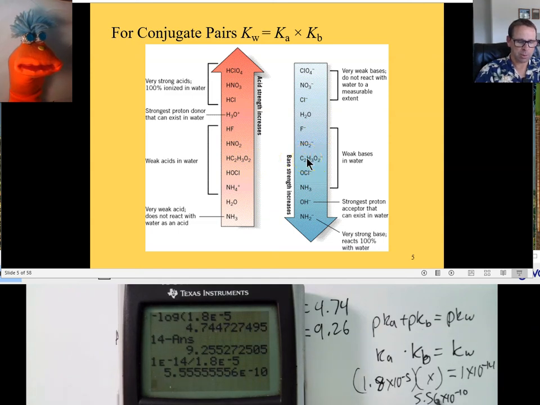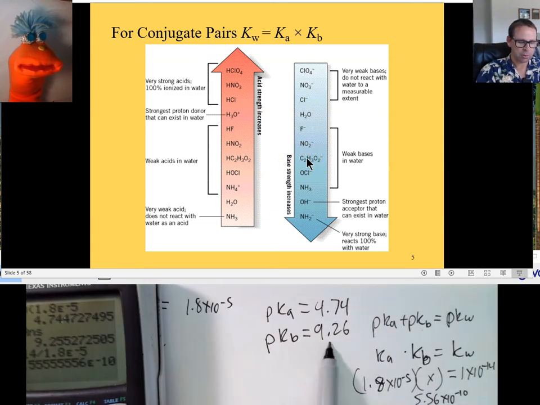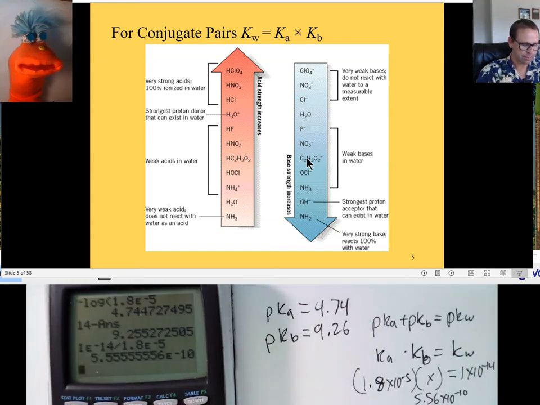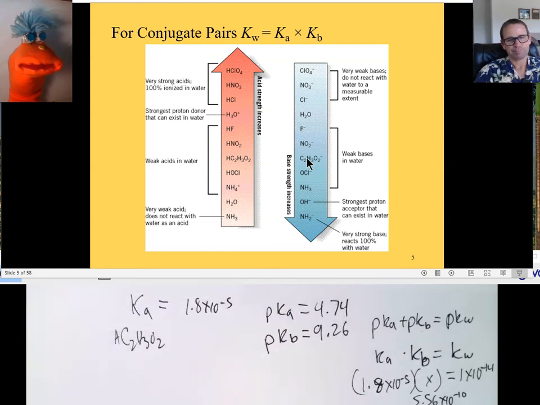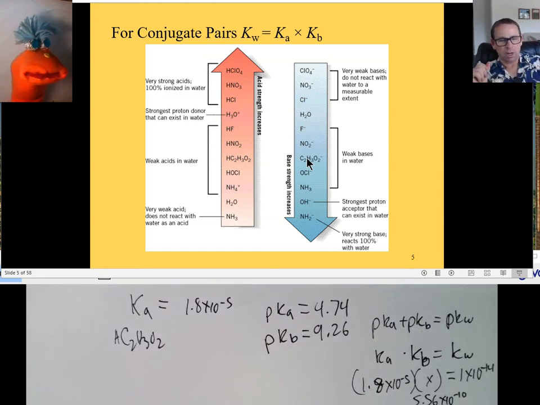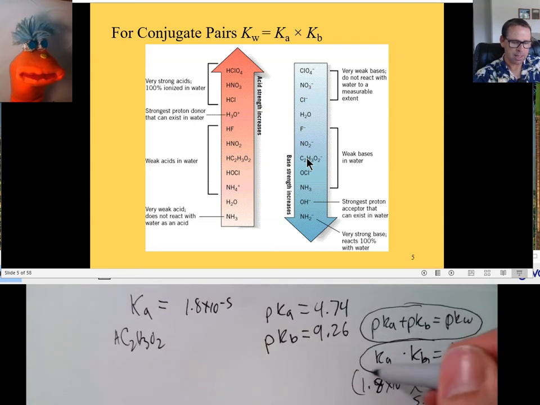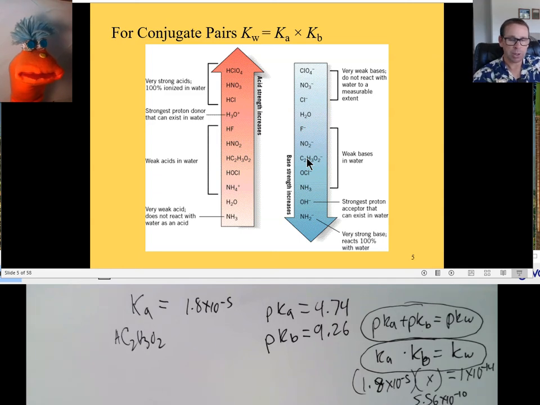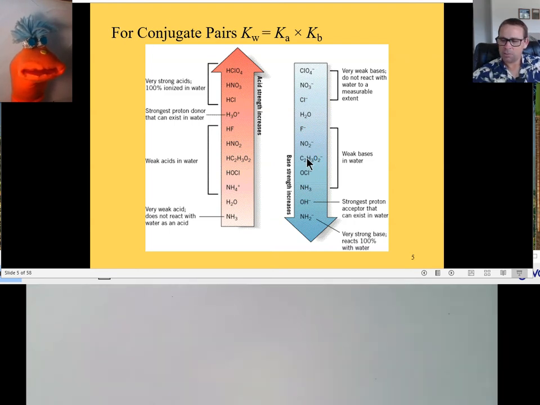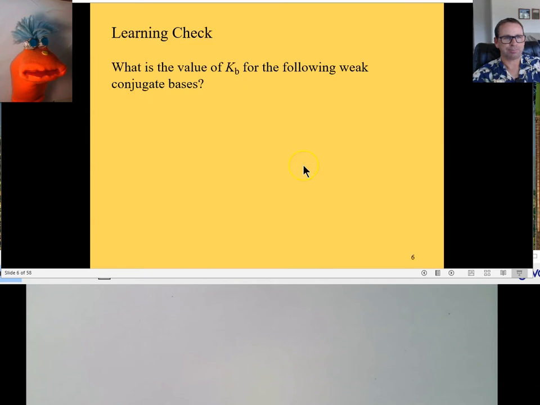And again, I should be able to get that by going from the pKb to the Kb, 10 to the minus 9.26. That should equal my 5.5 times 10 to the minus 10. Okay? Great. Important relationships. pKa plus pKb equals pKw. Ka times Kb equals Kw. pOH plus pH equals pKw, which is 14. All right? Lots of important relationships to realize there.